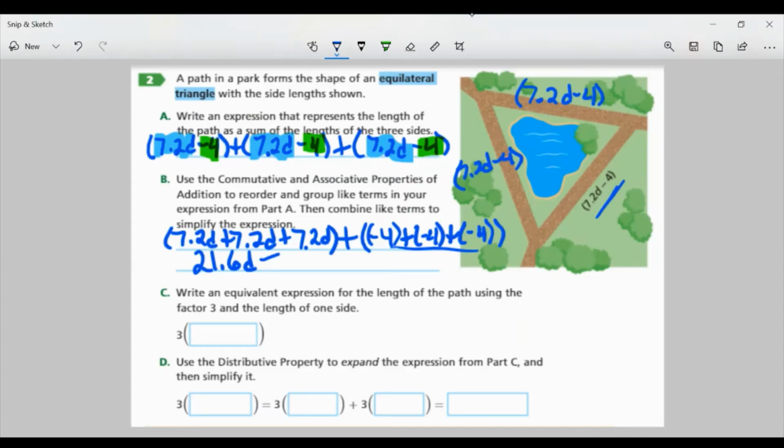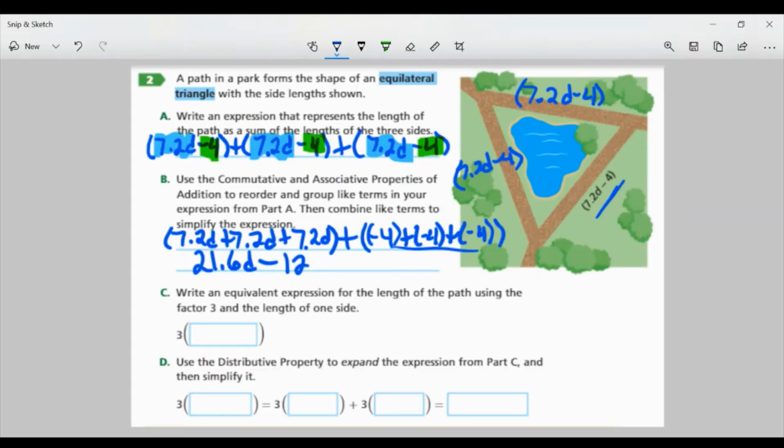So I know it's going to be minus, and 4 plus 4 plus 4, or 3 4s, would give me 12. And I don't like this minus sign, so I'm going to redo it. All right, so we end up with an expression of 21.6 times D, or 21.6D, minus 12.